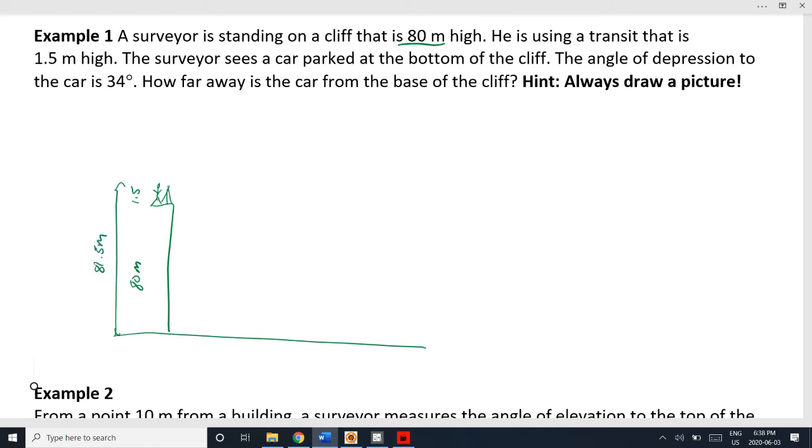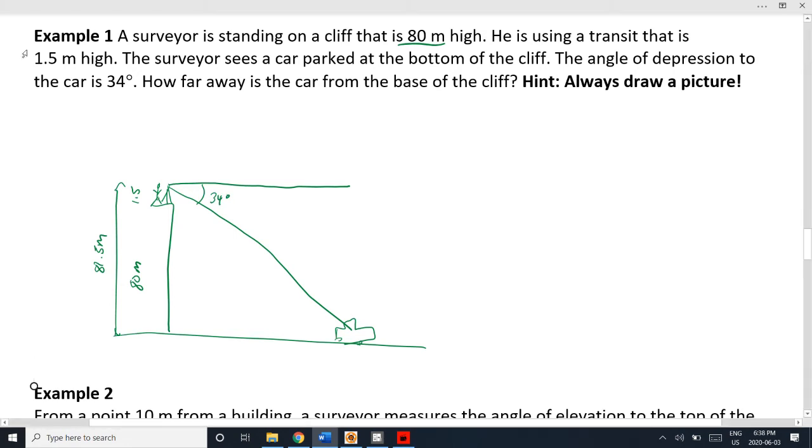Okay, and he's looking at a car that's parked at the bottom of the cliff. This is a car down here, and it's parked at the bottom of the cliff, and he's looking down this way at the car, and he sees that it's an angle of 34 degrees to get to the car.